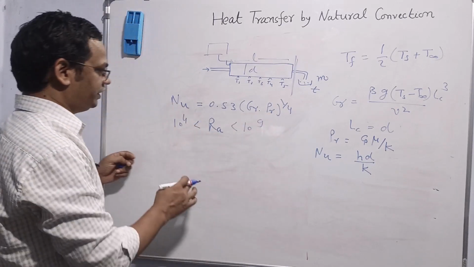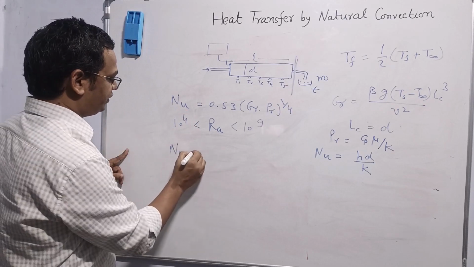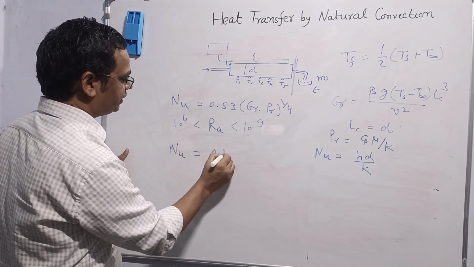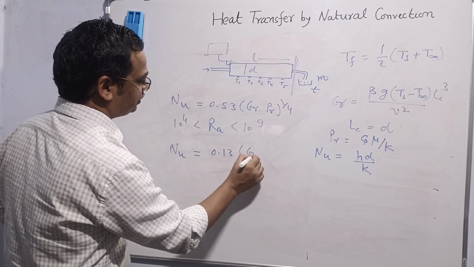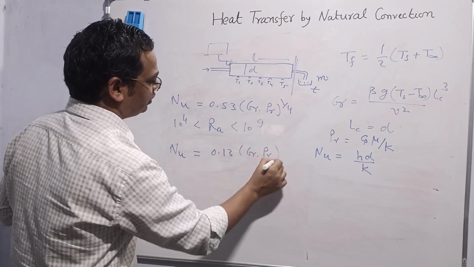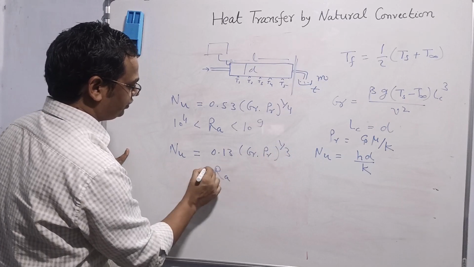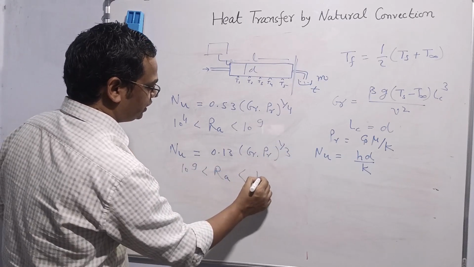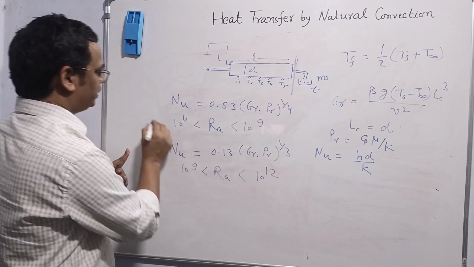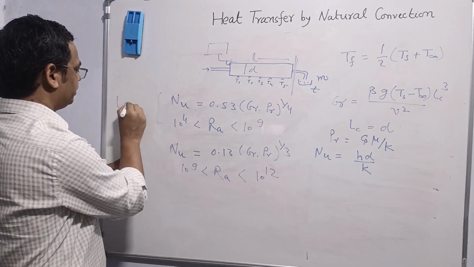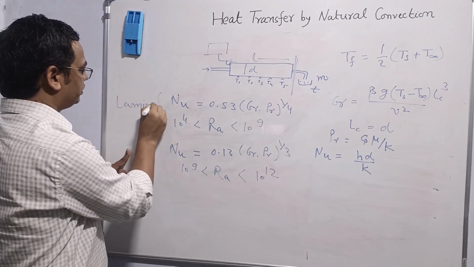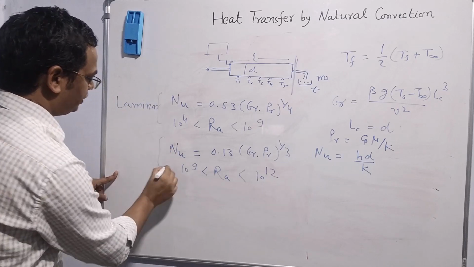Otherwise, if it is in turbulent region, then we have a different expression, that is 0.13 (Gr into Pr) to the power 1 by 3. This time Rayleigh number is 10 to the power 9 to 10 to the power 12. This is for laminar and this is for turbulent.